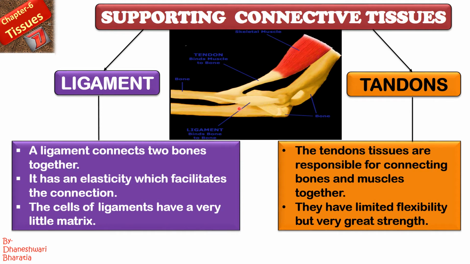You must have heard that while playing, some students get a fracture in ligaments. You must not have ever heard about a fracture in a tendon. Right? So ligaments have very little matrix. They are very sensitive also. But they do connect bones. Am I clear, beta? Fine.